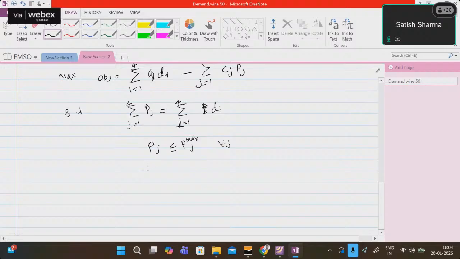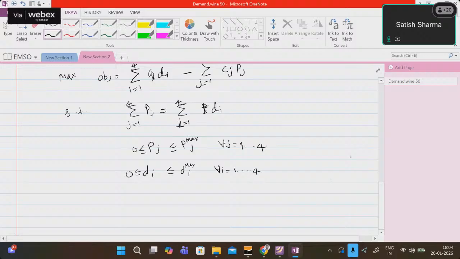So I will write Di less than, and let me put 0 as well. Positive, this is a positive variable, right? So Dmax i, for all i equals 1 to 4.